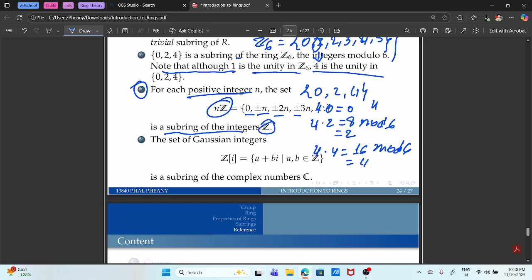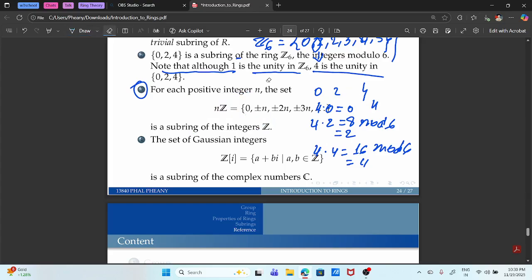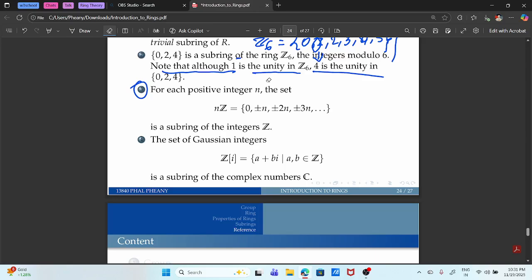Now we can test it using the subring test to prove that. We have to remember the subring test has two conditions. The first condition is subtraction and the second condition is multiplication.